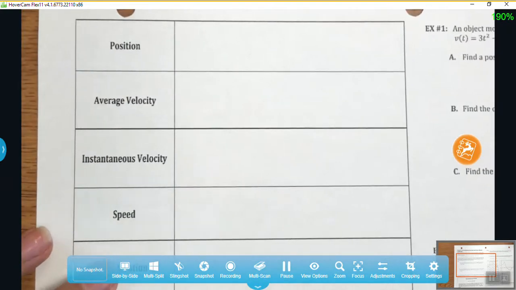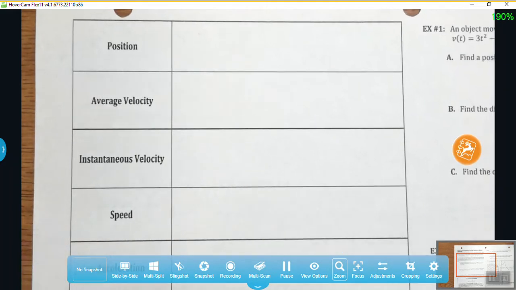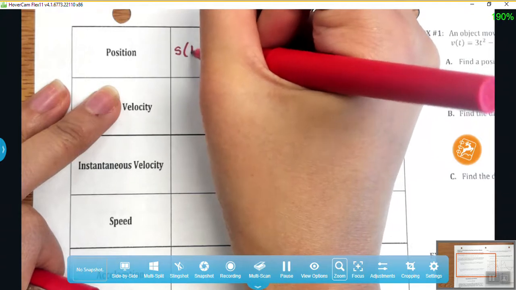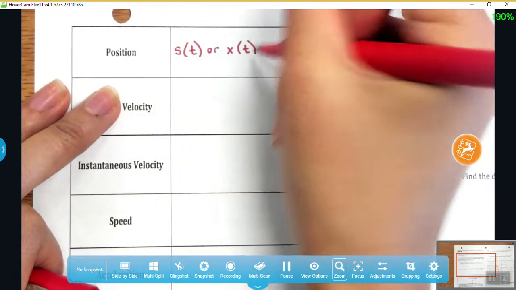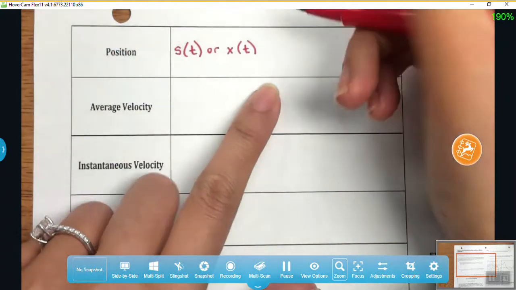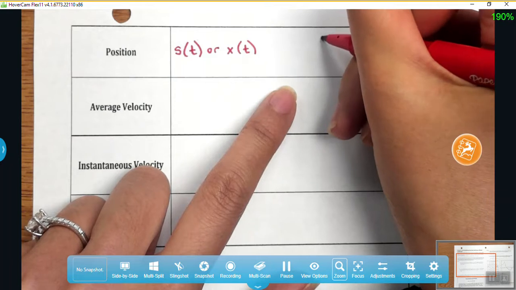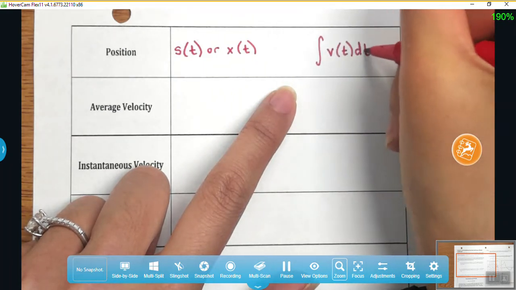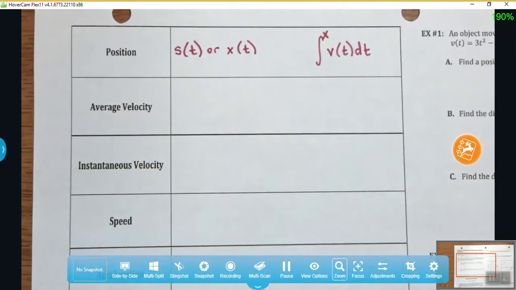Okay, position, people. Position is S of t or x of t. Now, if they ask you for position and you're given velocity, then you do the integral of velocity to some value here.